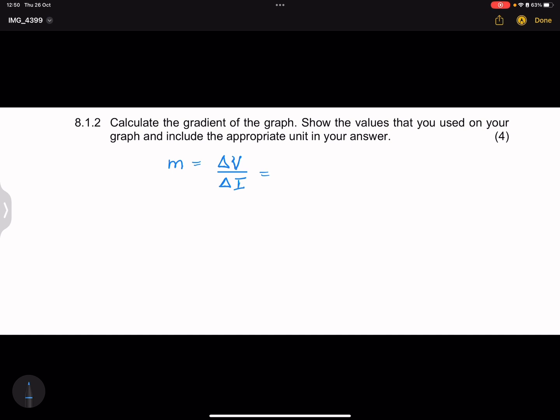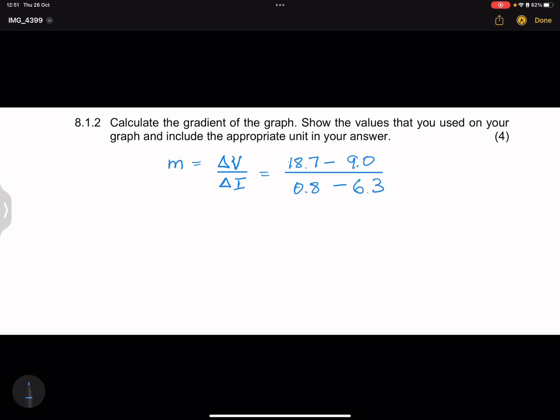So I'm going to take my values. That's V2, which is 18.7, minus V1, which is 9.0, divided by, when the voltage was 18.7, the current is 0.8, and my current value is 6.3 when the voltage was 9.